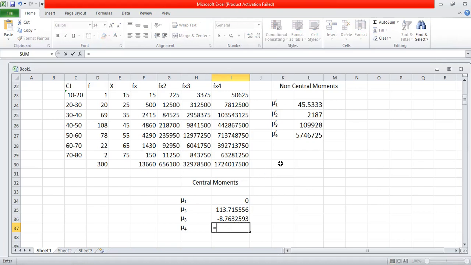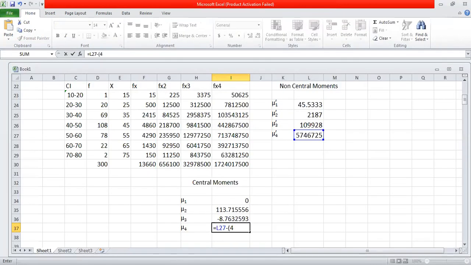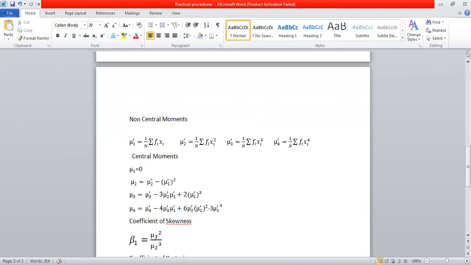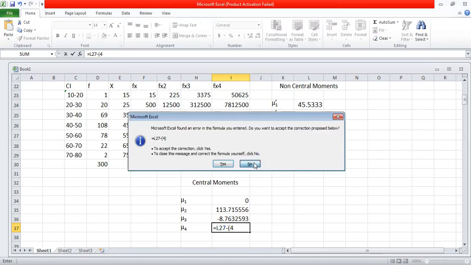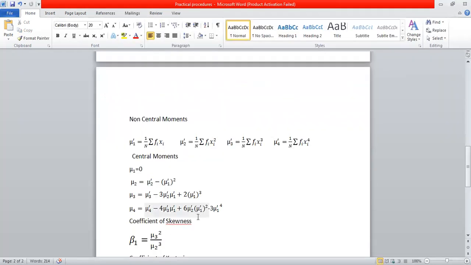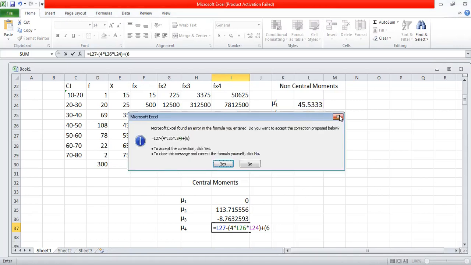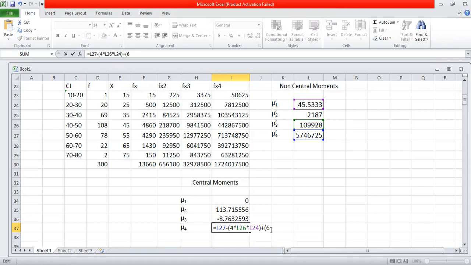First mu4 dash, minus 4 into mu3 dash into mu1 dash, plus 6 into mu2 dash into mu1 dash square, that is mu1 dash into mu1 dash, close the bracket.